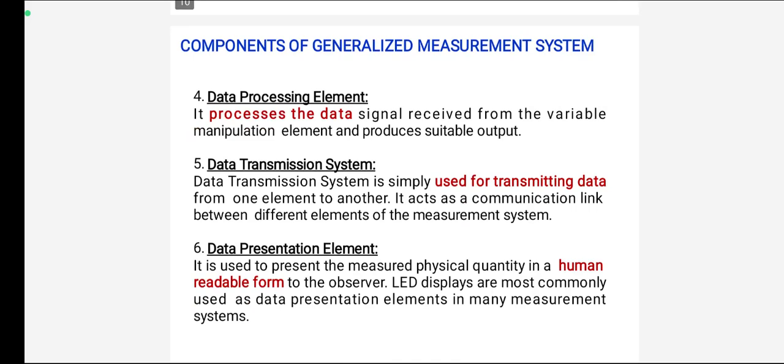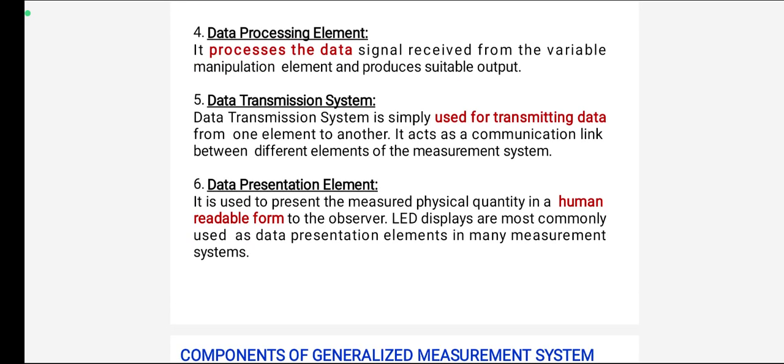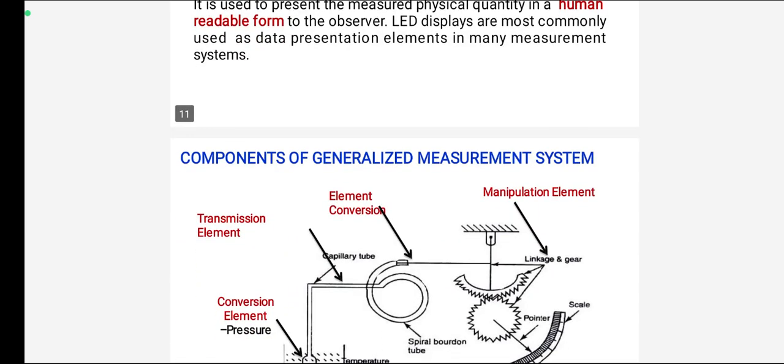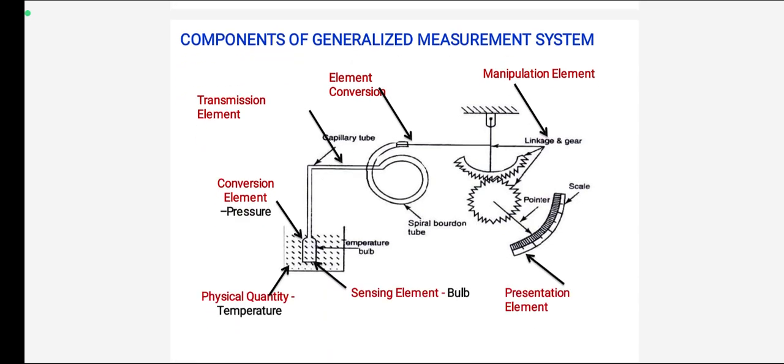Next one, the data presentation element. It is used to present the measured physical quantity in a human readable form to the observer. That means LED displays are most commonly used as data presentation elements in many measurement systems. So this flow diagram is one example of the generalized measurement system.